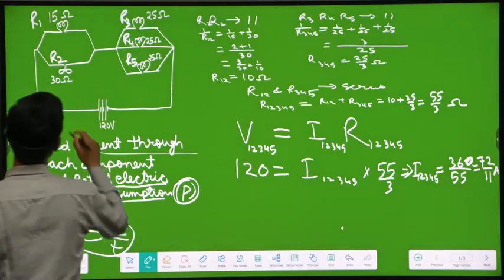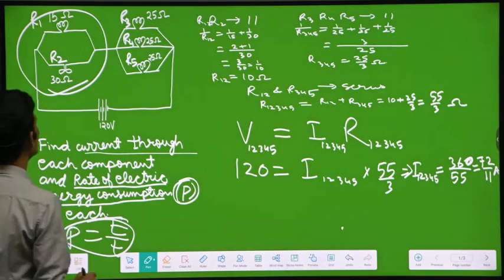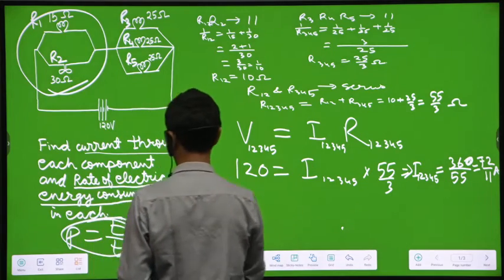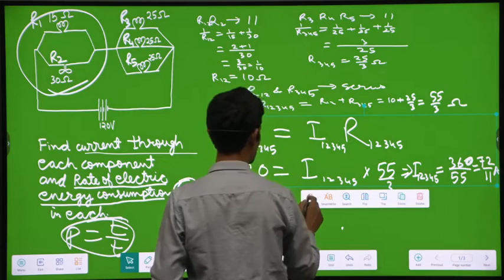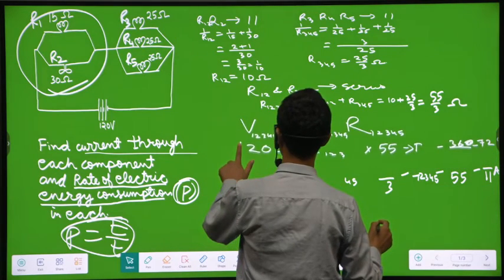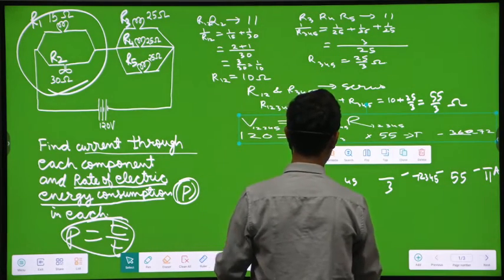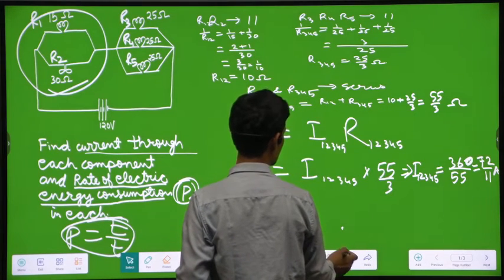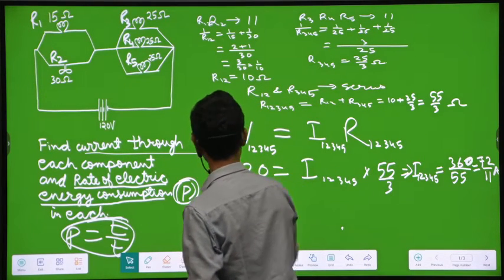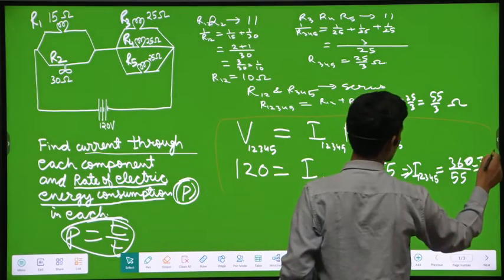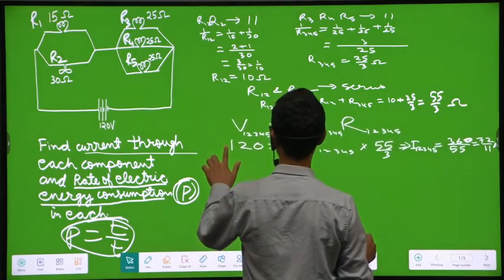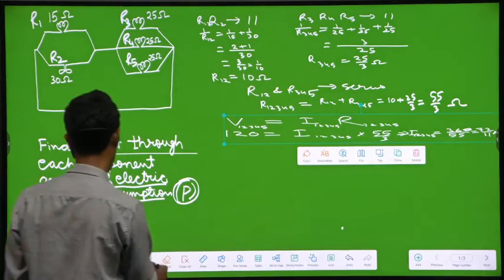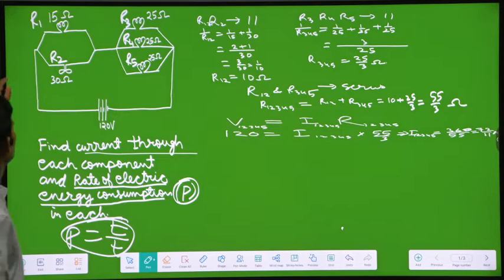Now we will find the potential difference across this combination. For that, we will find the potential difference across the combination of 1 and 2.